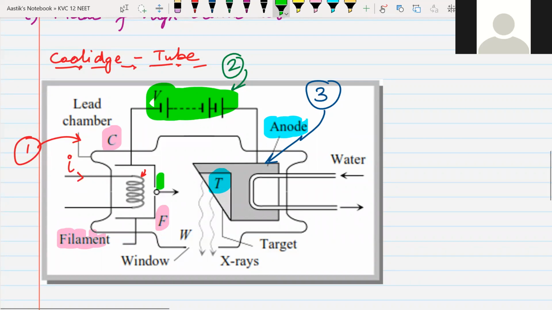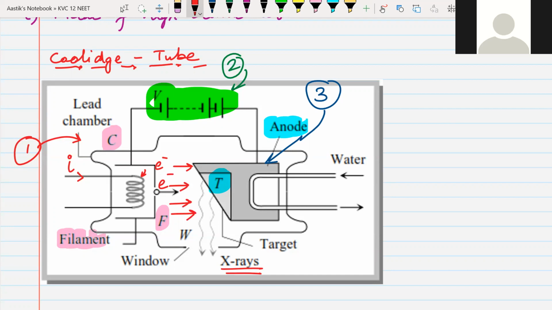Electrons are emitted by this filament and they are going to strike the target metal. As soon as they strike the target metal, these are the X-rays that are coming out. Everyone sees this?